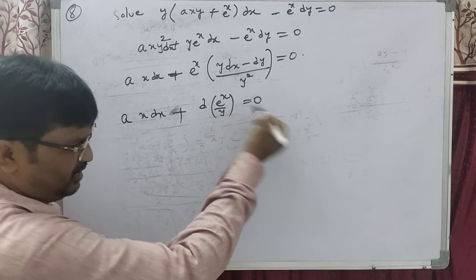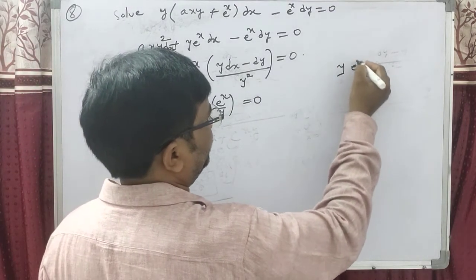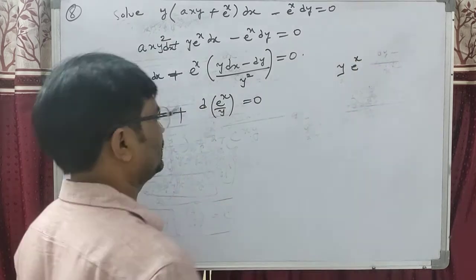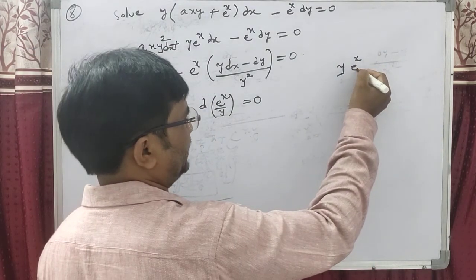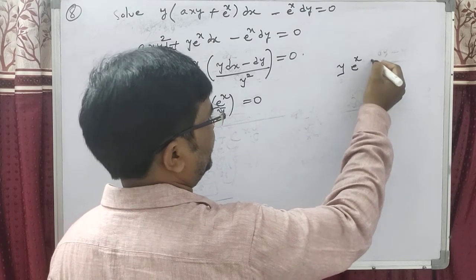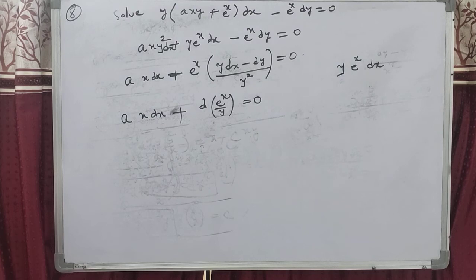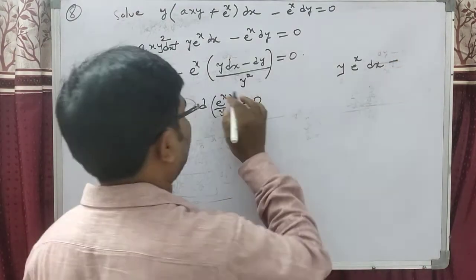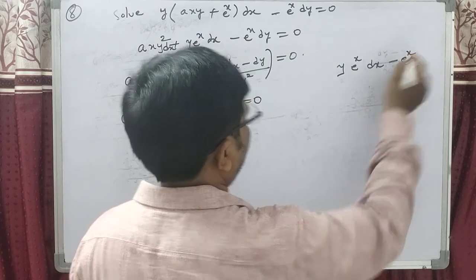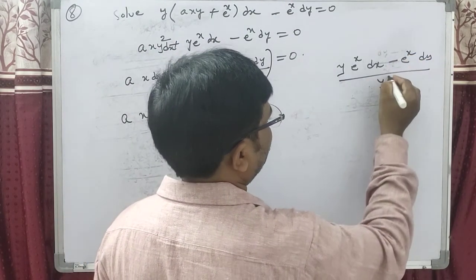Therefore, first y into the derivative of e power x, which is e power x, into the derivative of x, dx, minus u into the derivative of y, dy upon y square, where u is e power x.